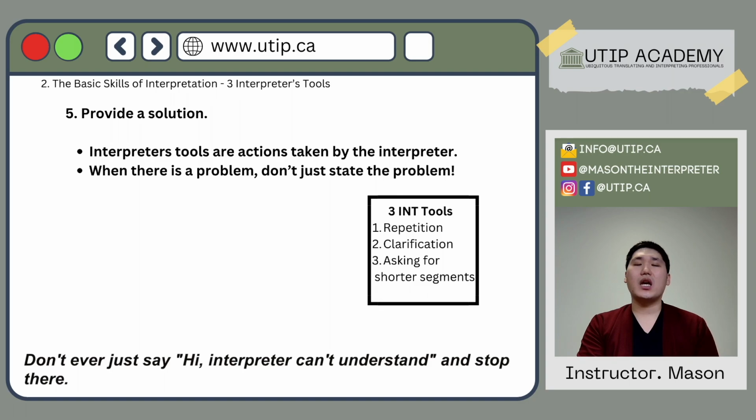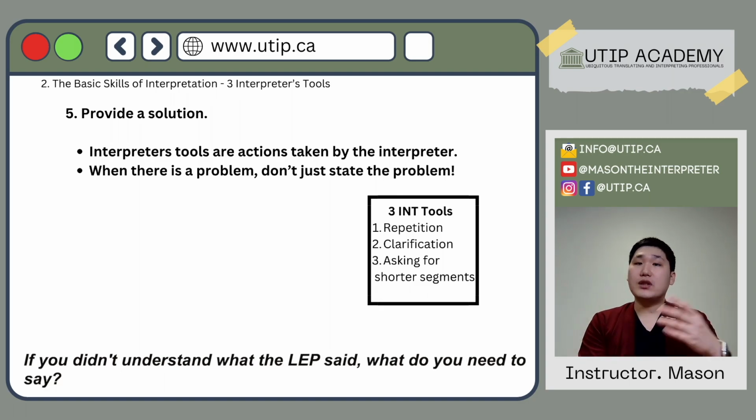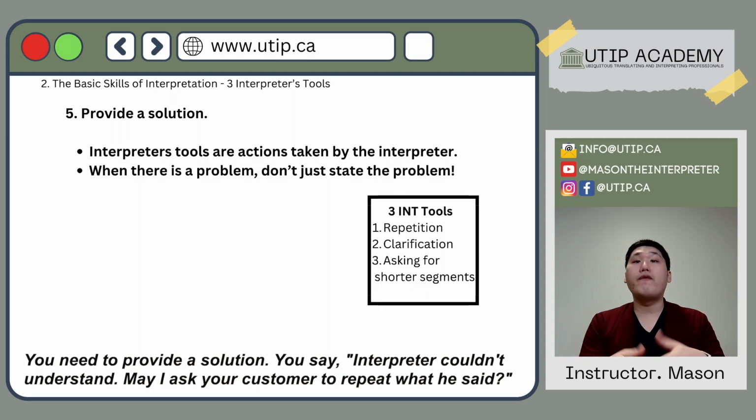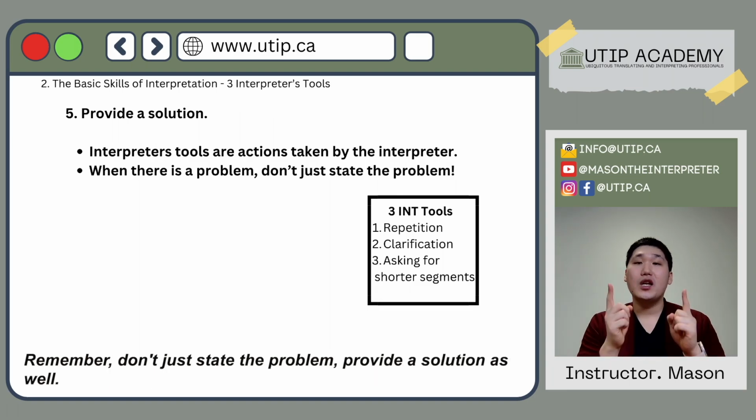Don't ever just say, hi, interpreter can't understand, and stop there. If you didn't understand what the LEP said, what do you need to say? You need to provide a solution. You say, interpreter couldn't understand. May I ask your customer to repeat what he said? Remember, don't just state the problem, provide a solution as well.